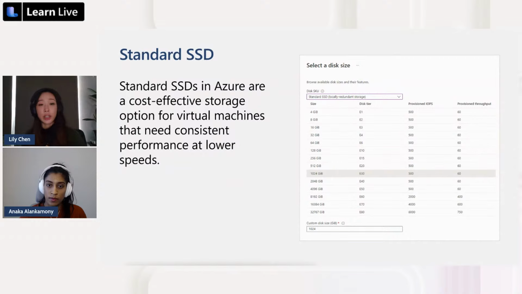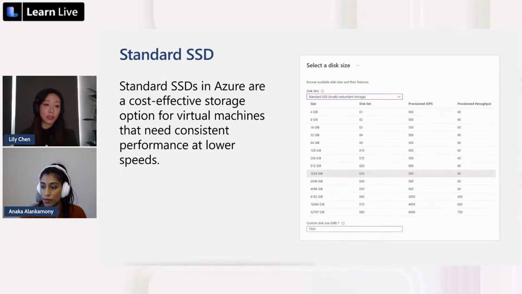Standard SSDs in Azure are a cost-effective storage option for VMs that need consistent performance but at lower speeds. Standard SSDs aren't as fast as the premium or ultra disk products, but they still have latencies in the range of 1 millisecond to 10 milliseconds and up to 6,000 IOPS.